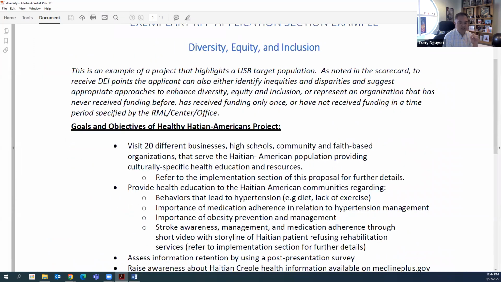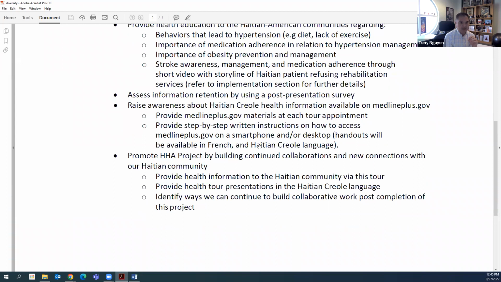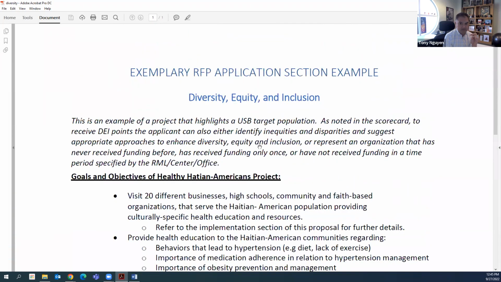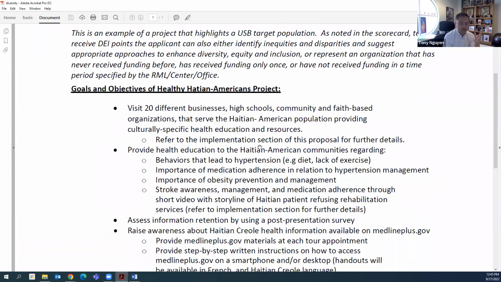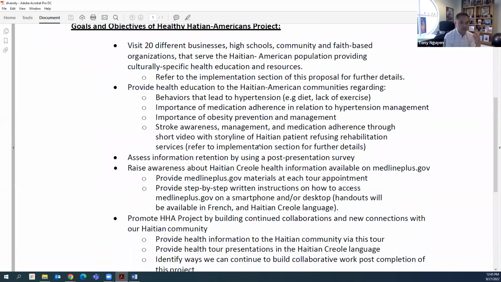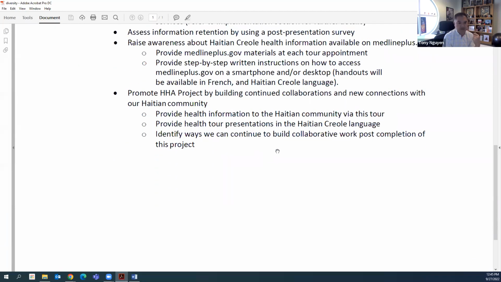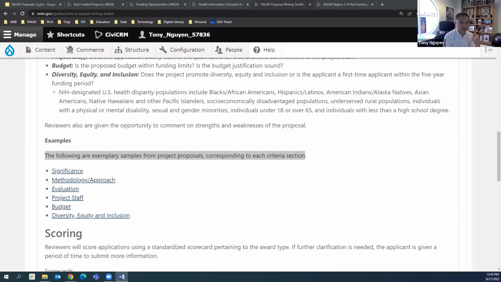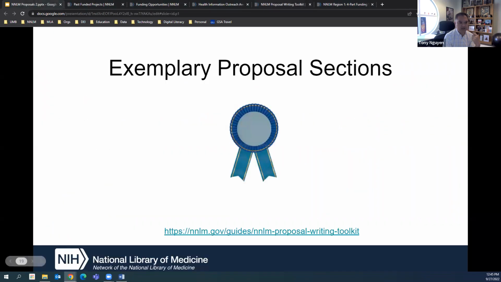And again, I don't necessarily expect all of this detail when you're working with an underserved population, but I would like to make sure that you're really being cognizant about the medically underserved population, especially when it comes to health information outreach awards. I think that answers this particular slide.